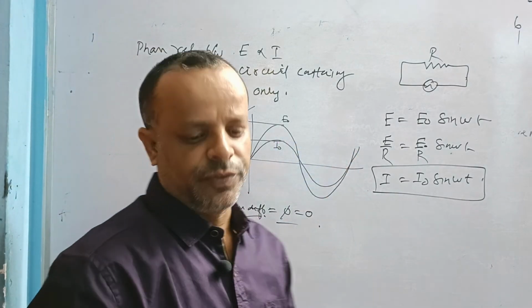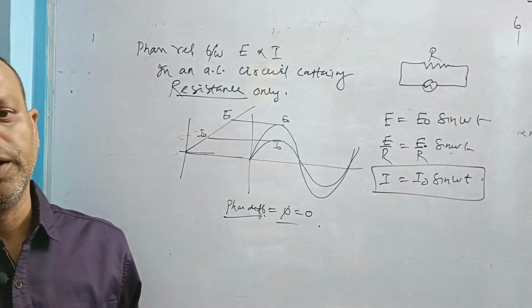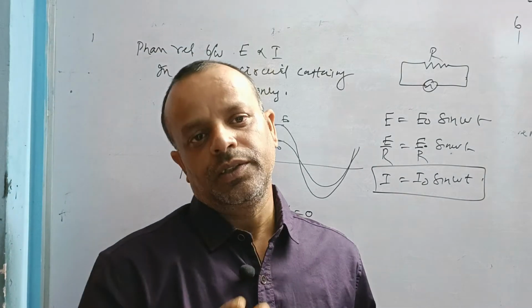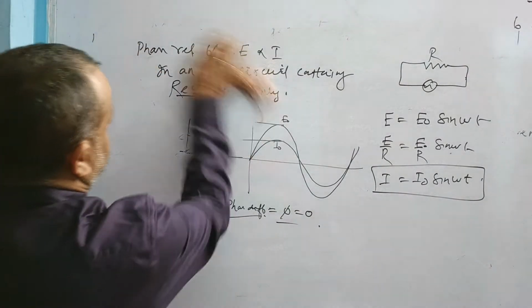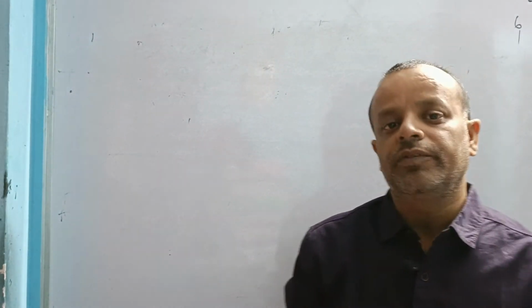So there is no phase difference between EMF and current in an AC circuit containing resistance only.